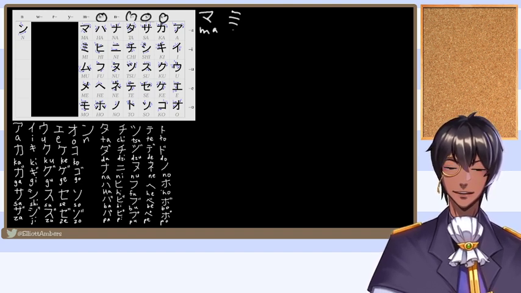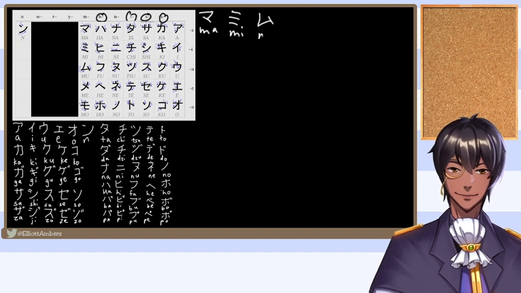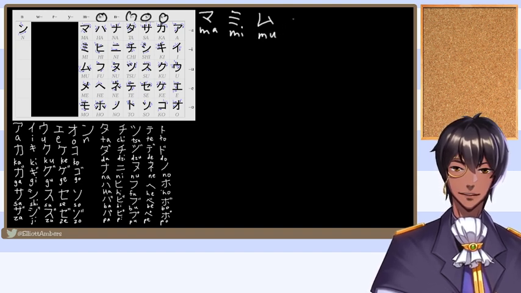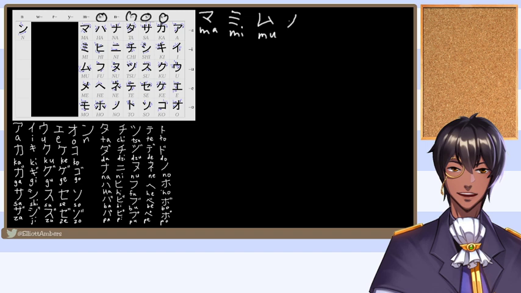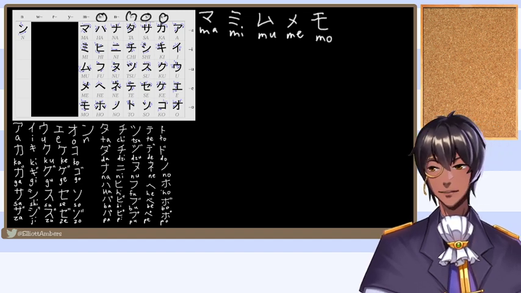So you see this 3-stroke a lot. Mu. We go down right, and then that's our second stroke. Me. We go downwards and across. And then Mo. Ma, Mi, Mu, Me, Mo.